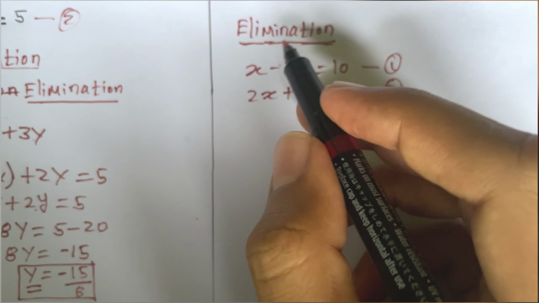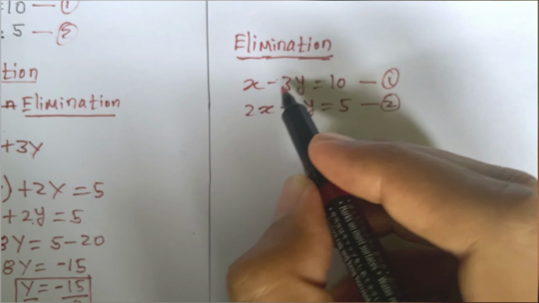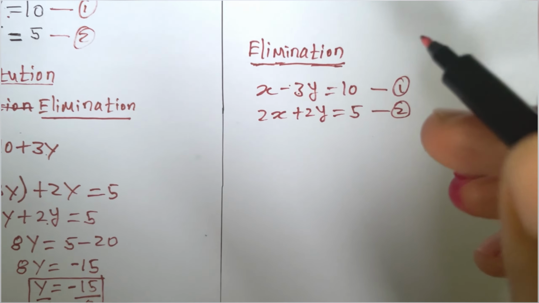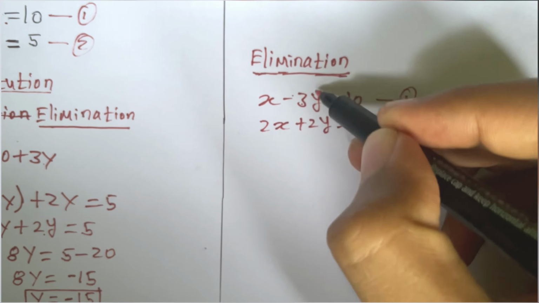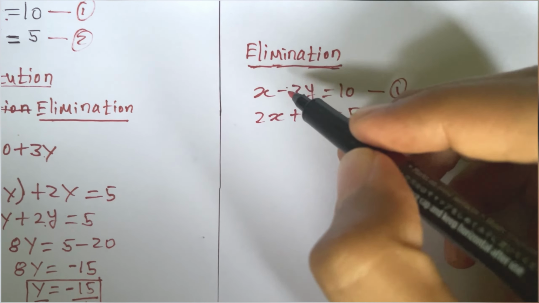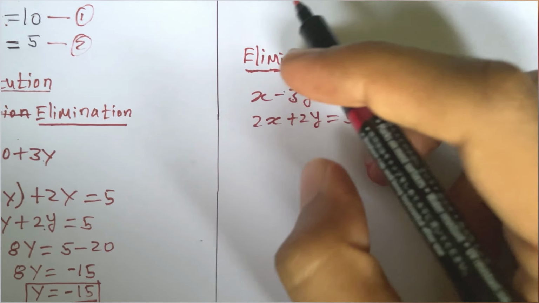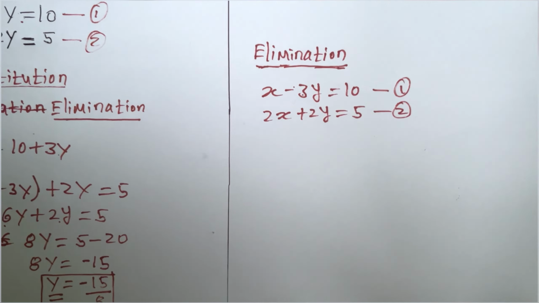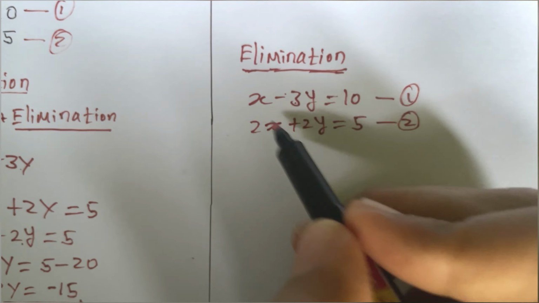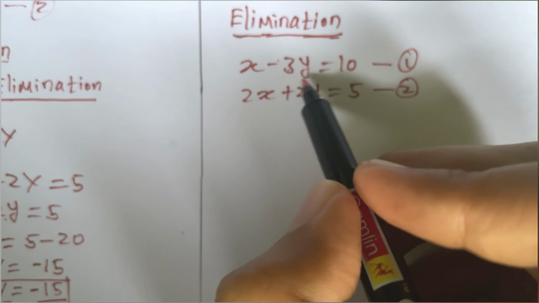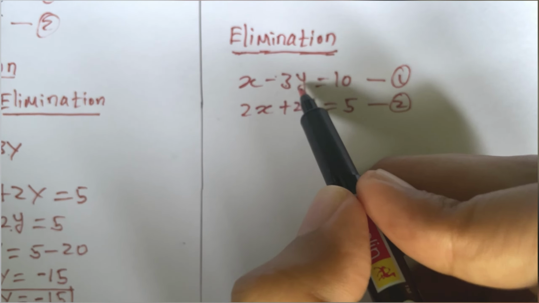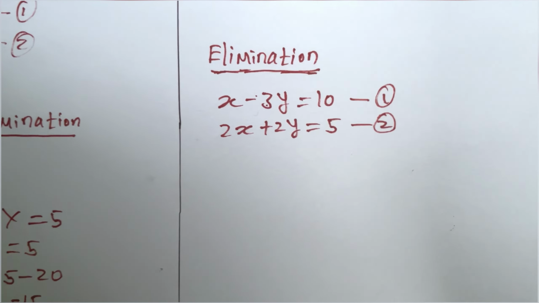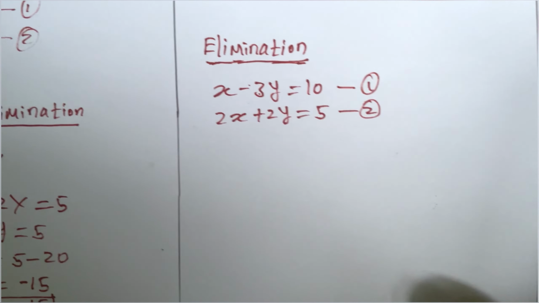So this is x minus 3y equals 10, 2x plus 2y equals 5. What we will do, we will eliminate this term or either this term, so that we are left with one variable term and then we can solve for that variable. To eliminate in this elimination method, I will share a concept.